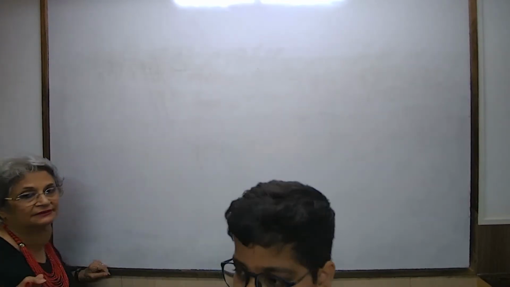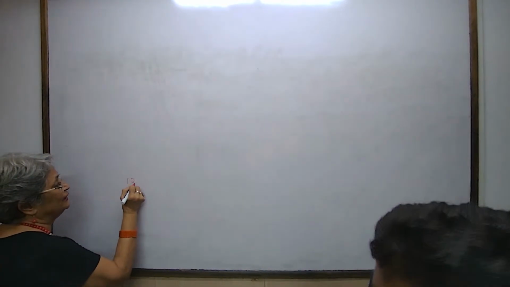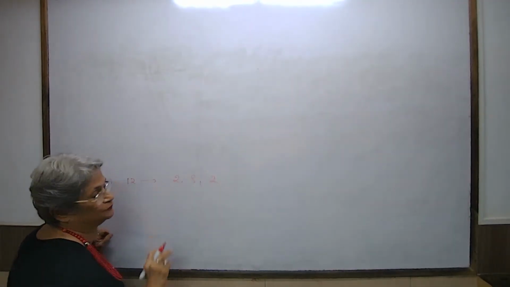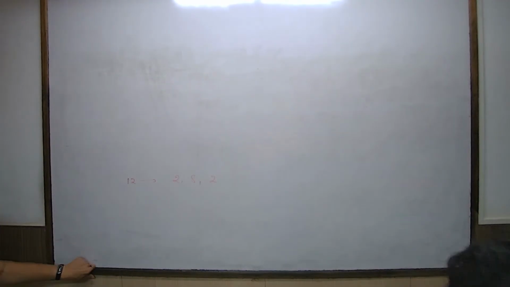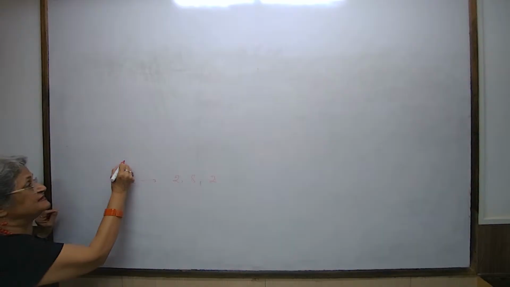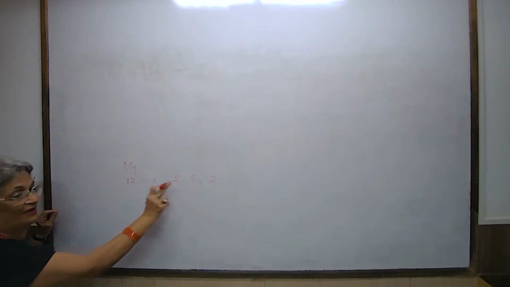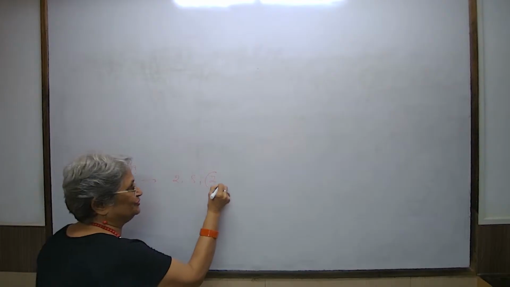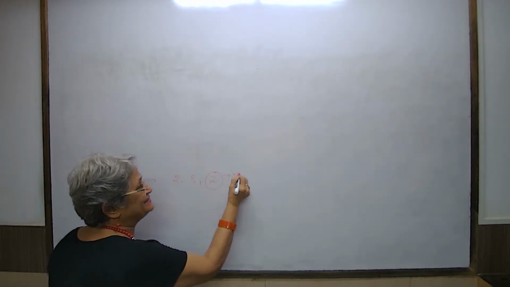This is magnesium, correct? 2, 8, 2. This last 2 will tell you the valency electrons.